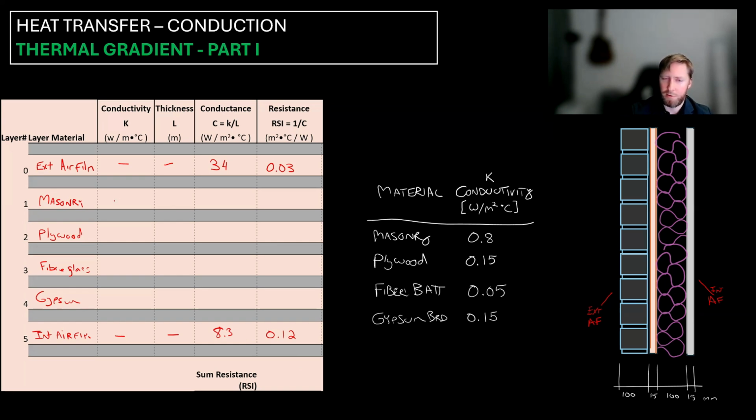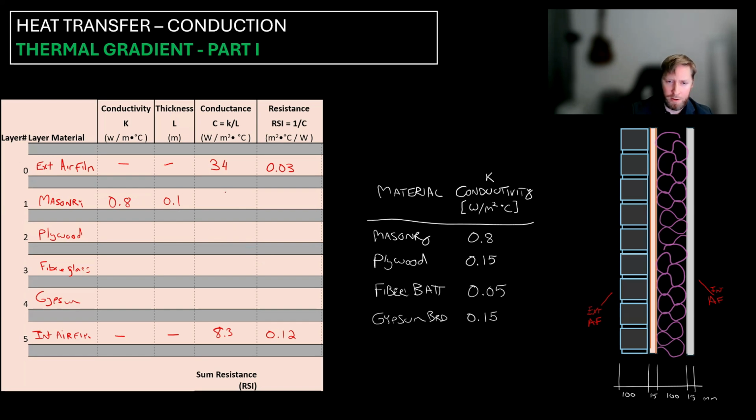Okay, now to fill out the rest of this table, we go to each layer. For instance, for masonry, we enter the conductivity, which here is 0.8. The thickness of that layer, looking down here, is 100 millimeters, so that's 0.1 meters. Always put in meter units.